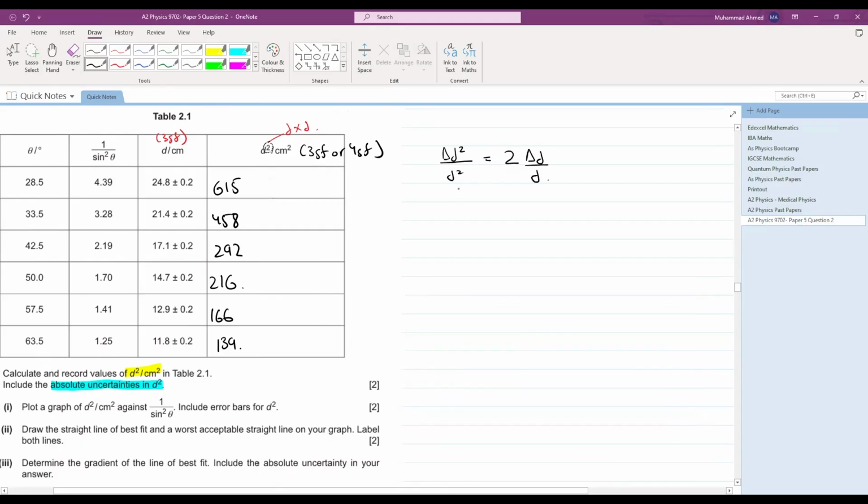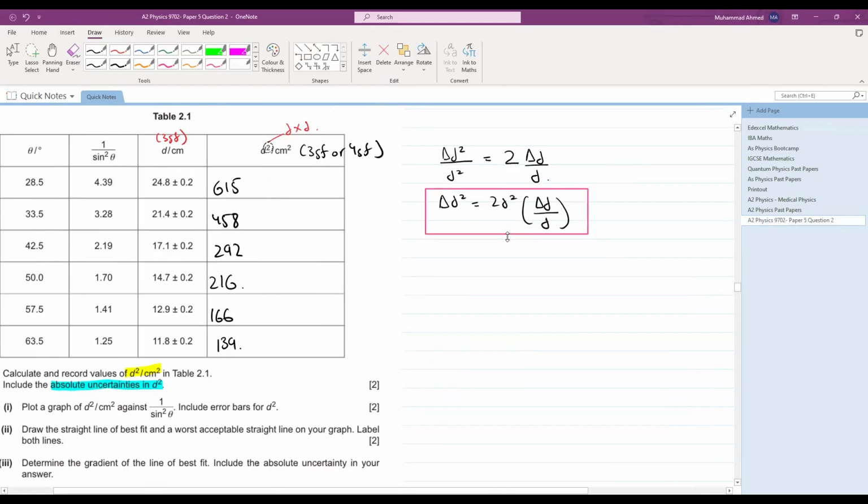D square is made up of a square of d. So the power will get multiplied with the fractional uncertainty. Can I rearrange this formula to make absolute uncertainty of d square the subject? Yeah. 2d square multiplied by absolute uncertainty of d divided by d. This is your formula that we will be utilizing throughout the calculations for this question.